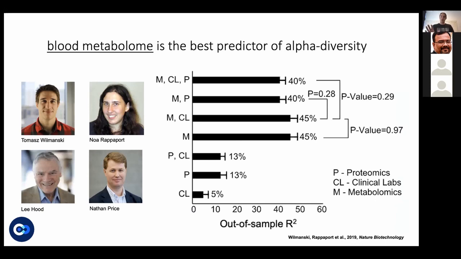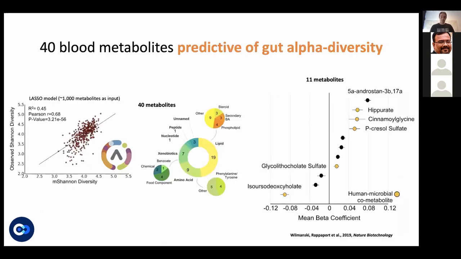So we focused on blood metabolites, untargeted metabolomics, measured through Metabolon. We built these lasso models, a sparse linear regression, this L1 penalty type model where you sparsify the number of features in it. We put in about 1,000 metabolites, which is what could be annotated and measured consistently across our population, and the model ended up with about 40 with non-zero coefficients.